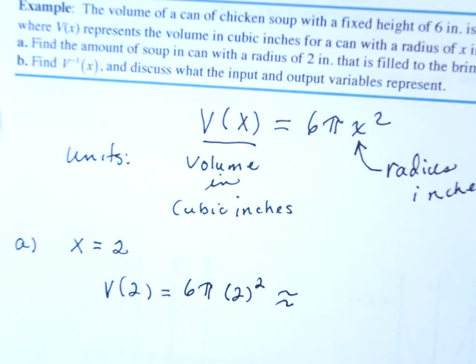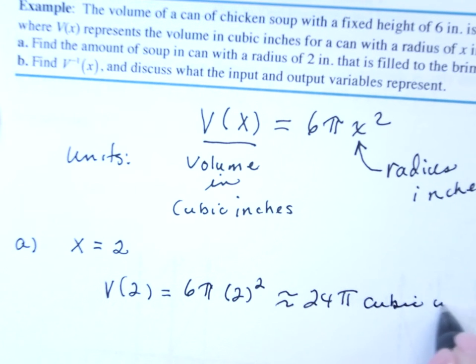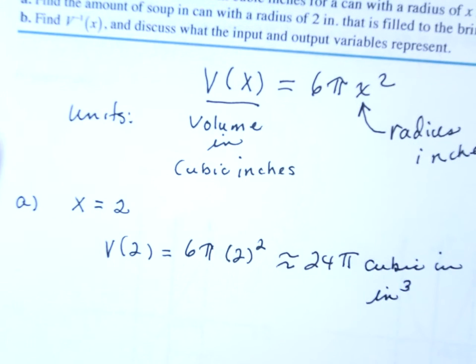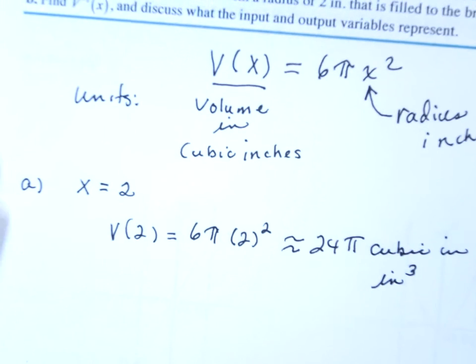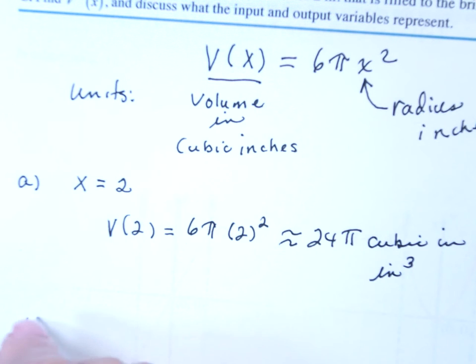And this comes out to be 24 pi. 24 pi what? Cubic inches, right? Or sometimes you see it written as inches cubed. And if you wanted a numerical value, you can just put it in your calculators.